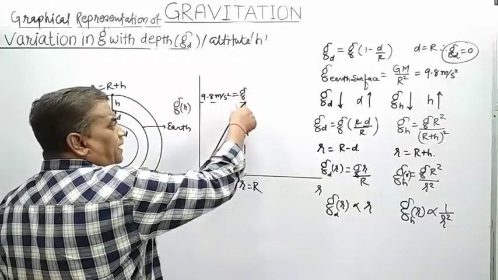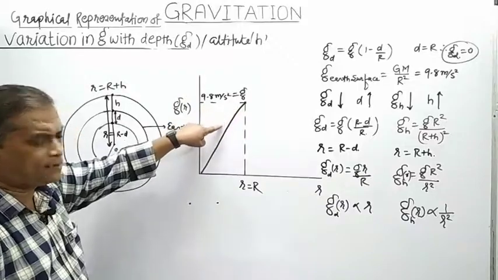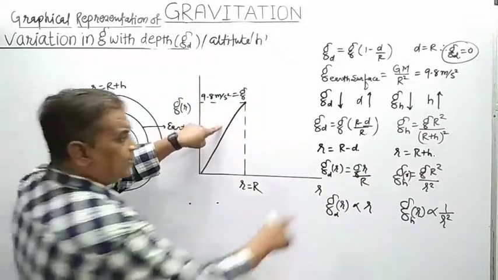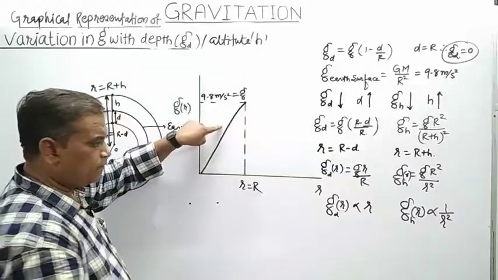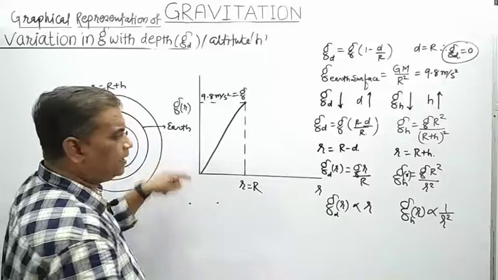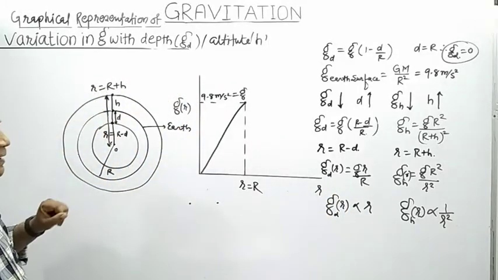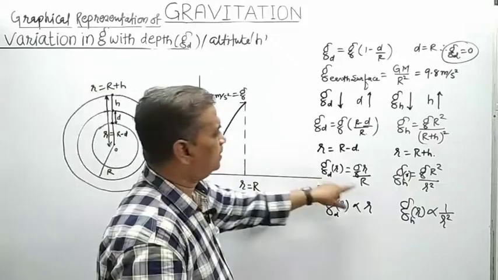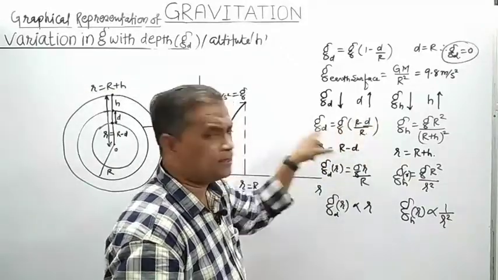As we move nearer and nearer to the center of the earth, depth goes on increasing. When depth increases, r decreases. When r decreases, g also decreases, and when the object reaches the center, g becomes equal to what? 0. When the object reaches the center, d is equal to R, so r is R minus R, which is 0.